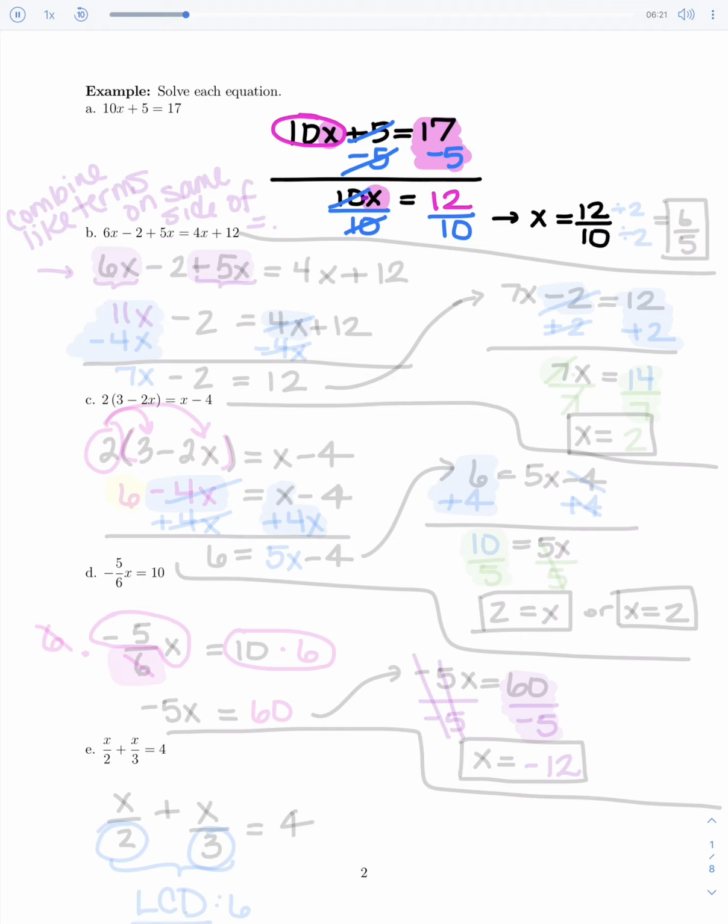There is a problem with this answer, which is that it's a fractional answer that is not reduced. It can be reduced, and we want to reduce it. Well, 12 and 10 are both divisible by 2, so let's reduce it by a factor of 2. That will give us 6 over 5. And that's going to be our final answer because it's reduced. We do not need to turn it into a mixed number. What we're going to do is just leave it as an improper fraction.